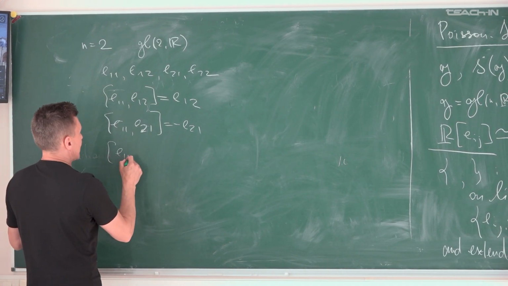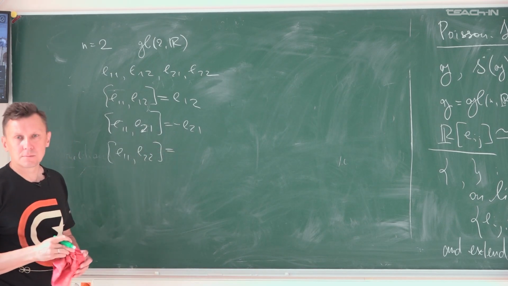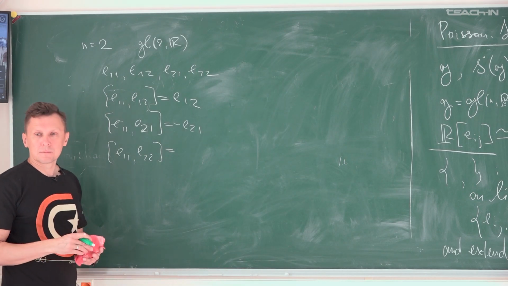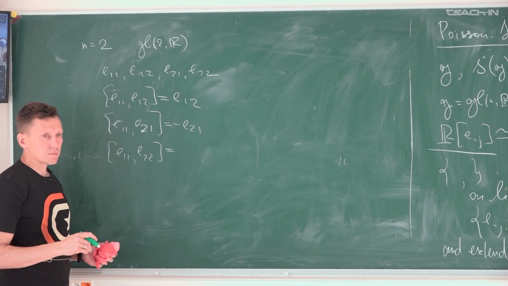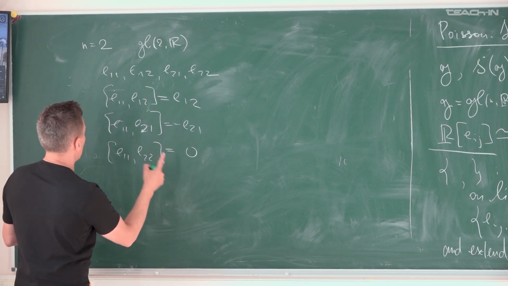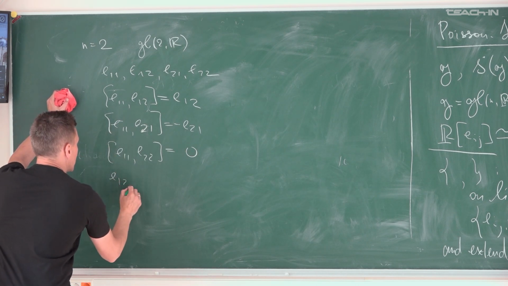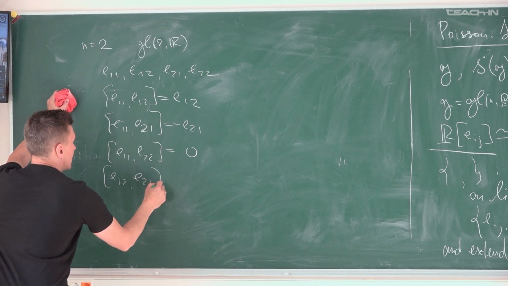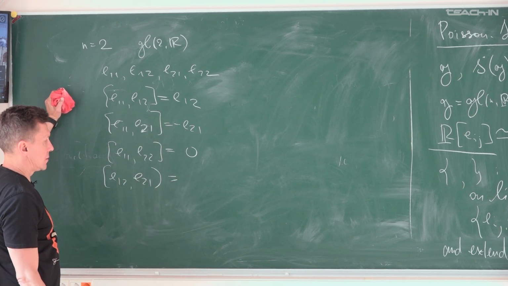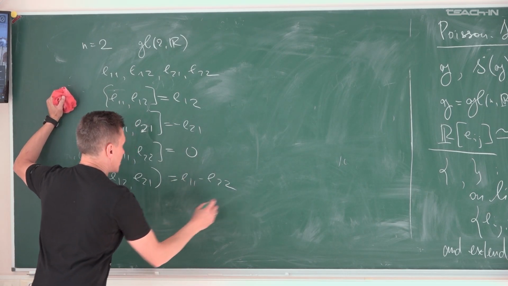But E_11 with E_22 is zero. What about E_12 with E_21? It's E_11 minus E_22.